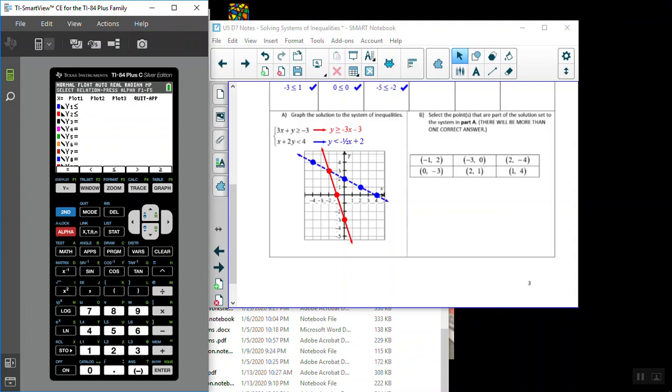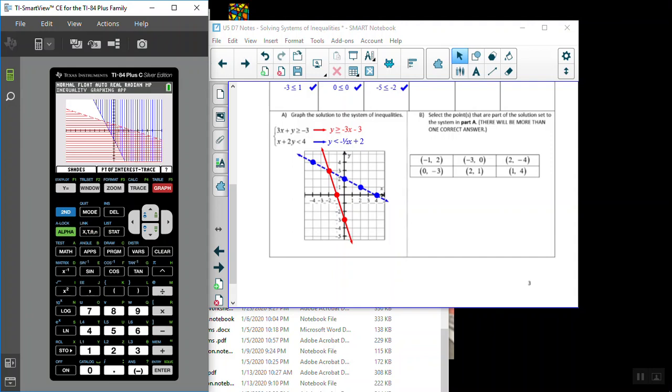So I'm going to do alpha graph, and then I'm going to do alpha window for the second one. All right, so now I've got -3x minus 3, and then I've got -1/2 x plus 2.